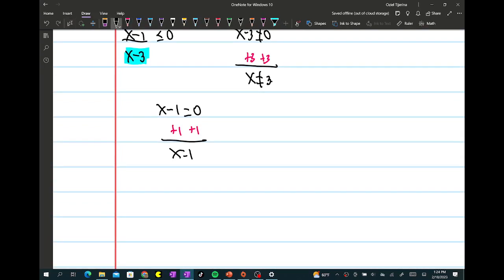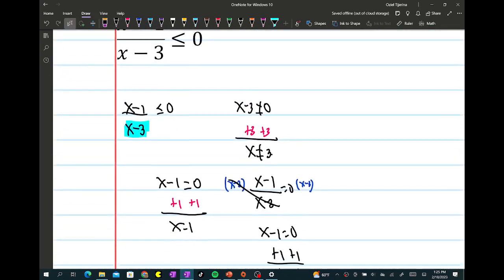That's if you solve the equation x minus 1 over x minus 3 equals 0. You're basically multiplying x minus 3 on both sides, canceling it out, getting x minus 1 equals 0, and then adding 1 to get x equals 1.